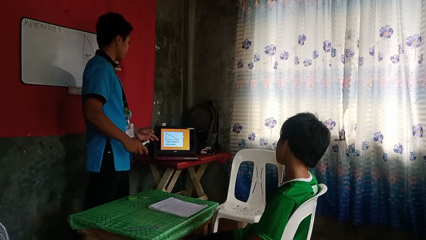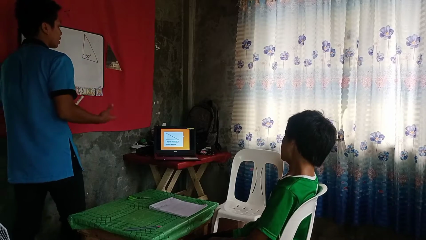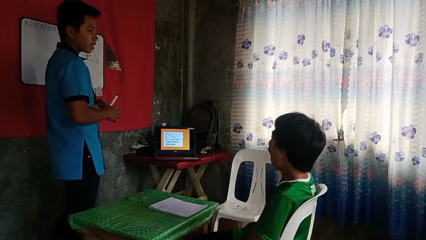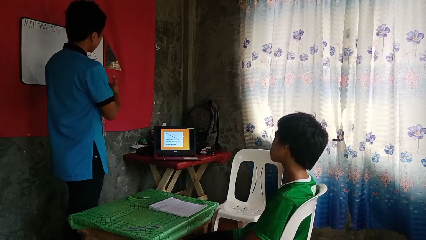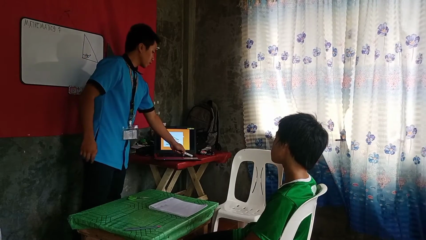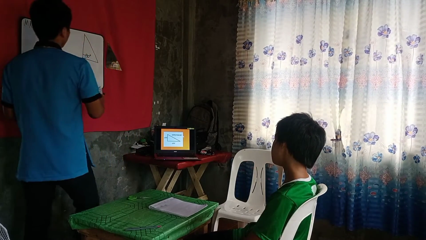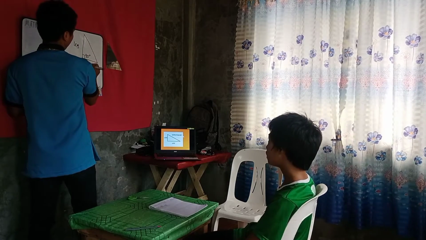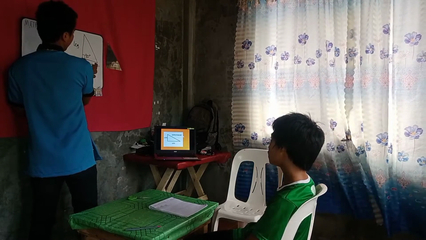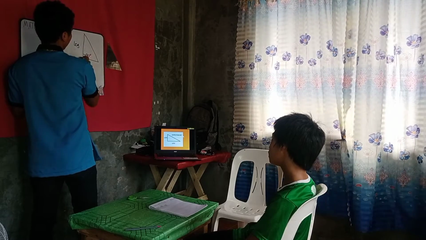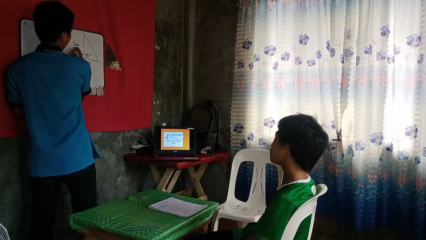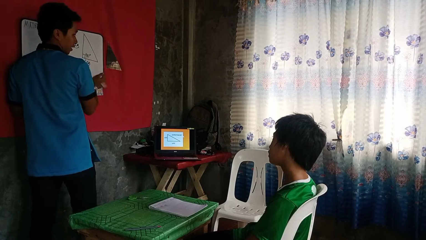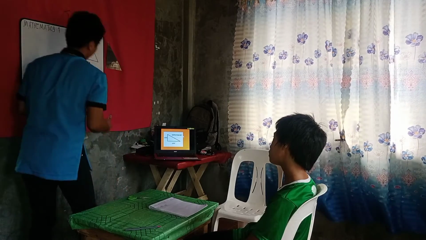So, for us to understand more about the right triangle, we have each of its parts. Yung base and its height is what we call the legs of the right triangle.